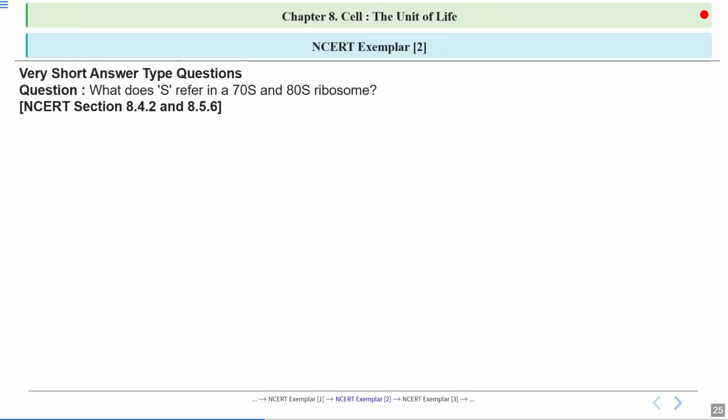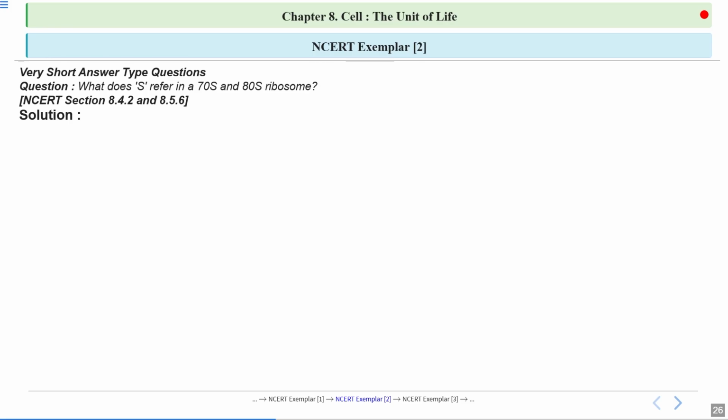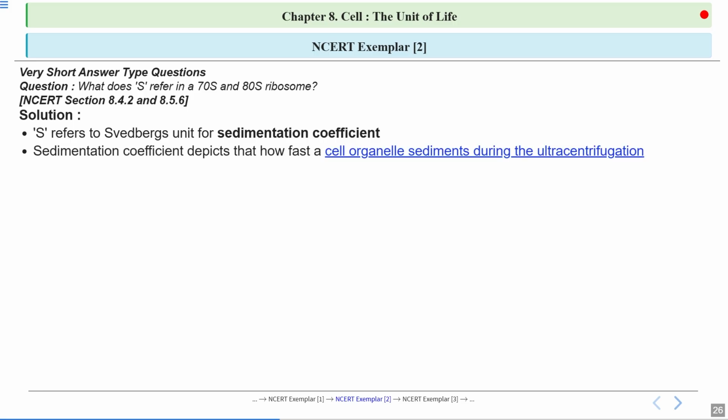Next, what does S refer to in 70S and 80S ribosome? So let's have a look at the answer. Okay, so S refers to Svedberg's unit for sedimentation coefficient. Now, sedimentation coefficient depicts how fast a cell organelle sediments during ultracentrifugation.